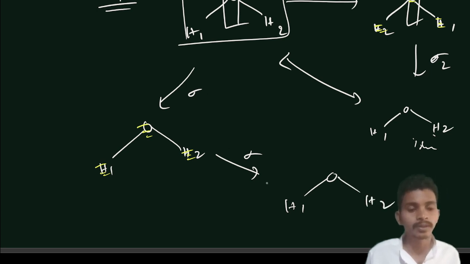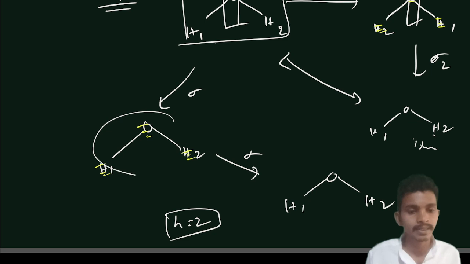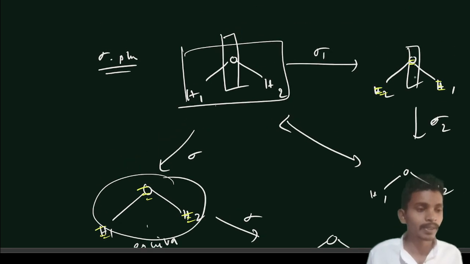The total number of operations is again 2. Identical means the same thing. Here the back side has gone, so this is equivalent, not identical. This is equivalent because this is back, this is back.